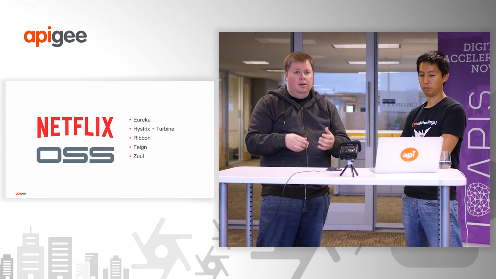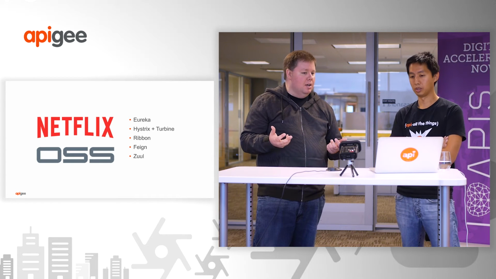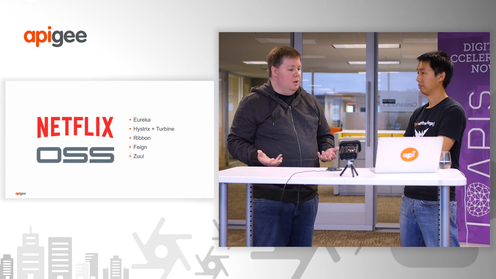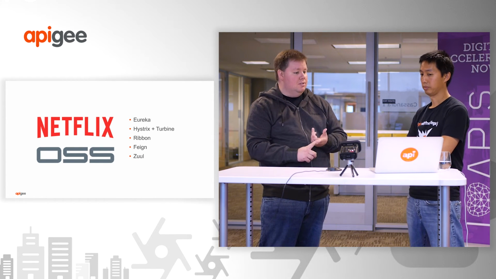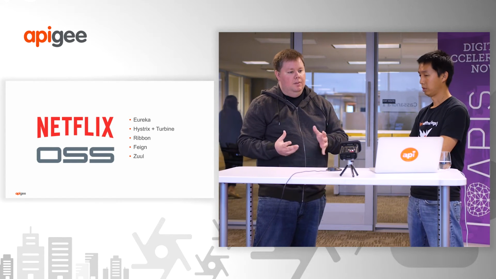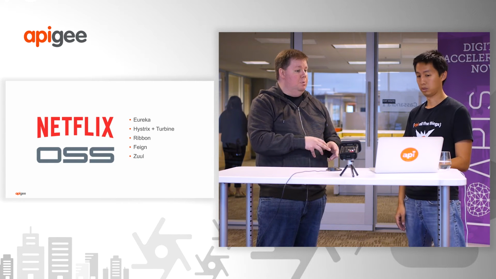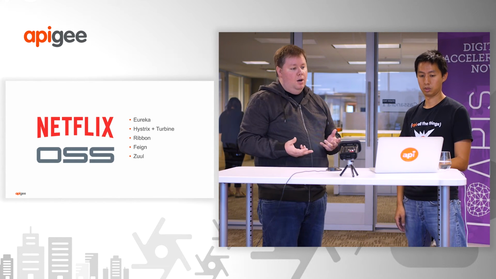Because if you look at the amount of traffic that's flowing through Netflix at any given point in time, it's ridiculous. And so we know that not only do these components exist, but they work at scale. So I'll take that back into the things that we're doing at Pivotal to support the idea of frameworks.